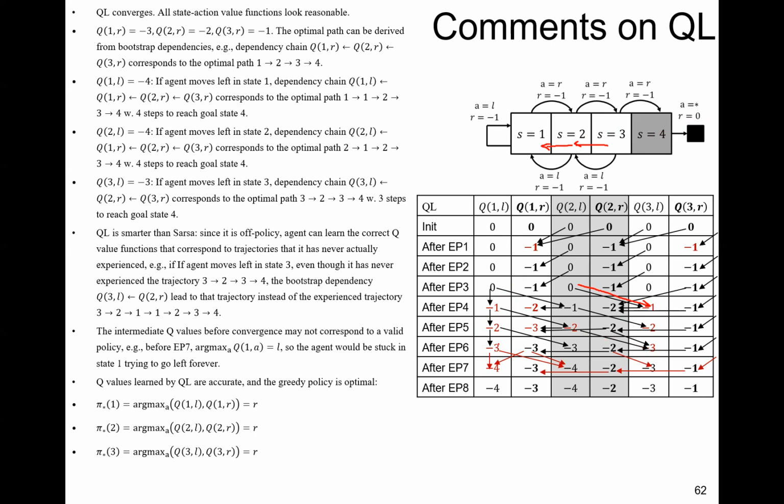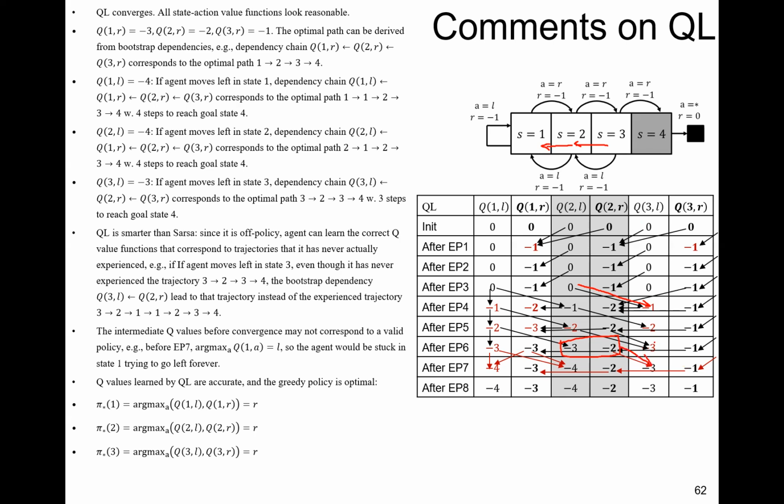They grow more and more negative until, at this point, episode 6, the bootstrap dependency is no longer Q3 left bootstrapping off of Q2 left, but off of Q2 right. It has changed to here.